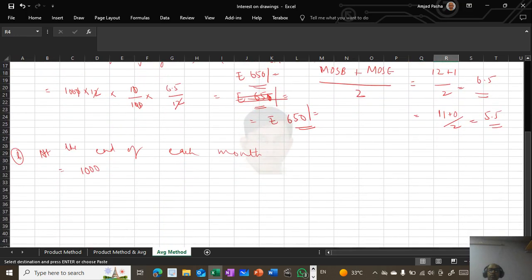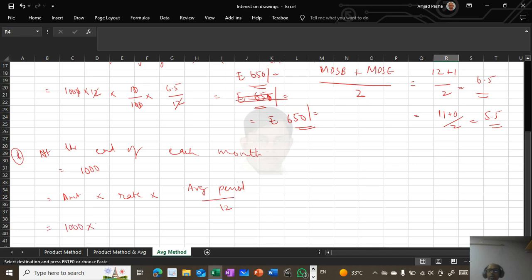So what is the formula? The formula is amount into rate into average period upon 12. So what is the amount? Amount is again 1000 and into 11.